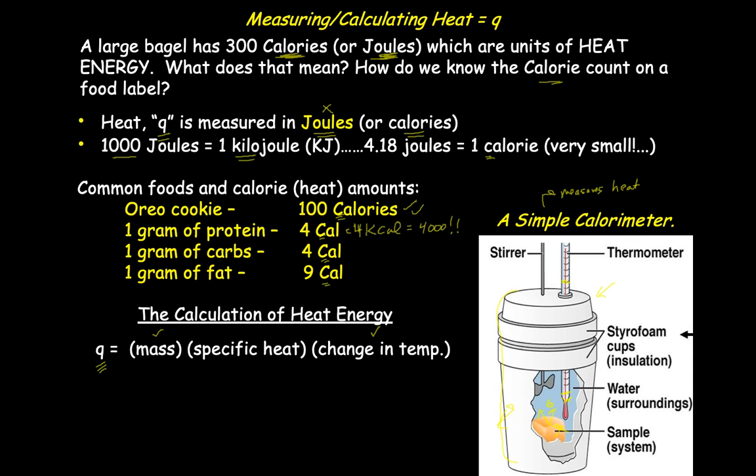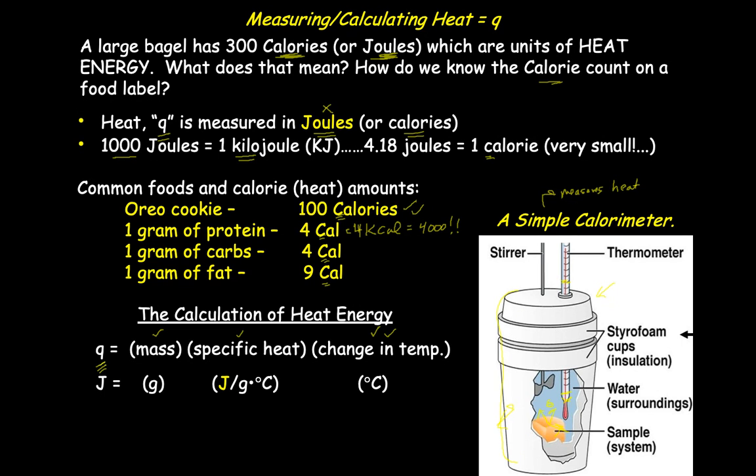Again, you're always going to go from high to low. So there's definitely a temperature change factor here. And then the specific heat is a value based on what the thing is made of that's actually transmitting the heat, because different materials have different abilities to store or transfer heat from one place to another. So all of these are going to come together in this calculation.